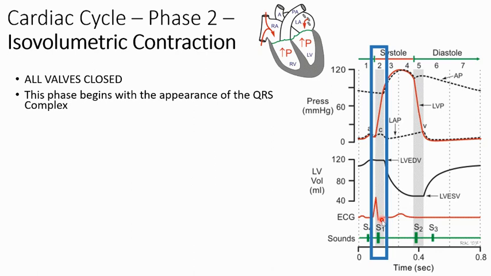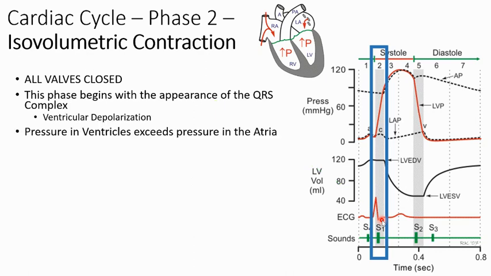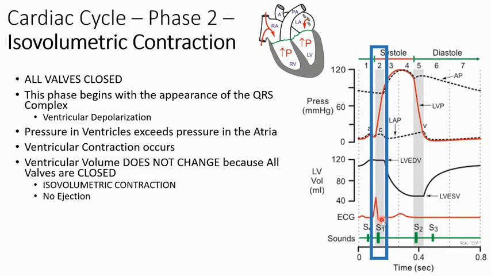Ventricles are contracting, but you don't have blood going anywhere. It's staying in the ventricle. So you're increasing the pressure inside the ventricle, but you're not allowing blood to leave. This is ventricular depolarization. You've got increased pressure happening because the cardiac muscle cells in the ventricles are contracting, but the volume doesn't change, which means we're not letting any blood in, we're not letting any blood out. Hence the name isovolumetric contraction.